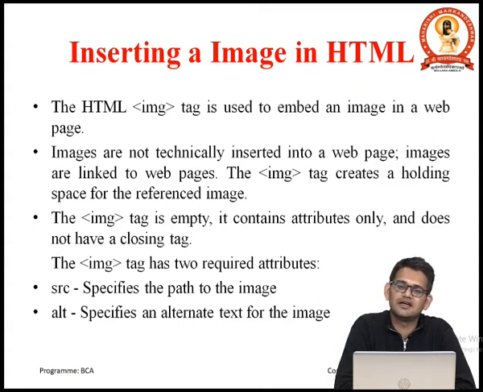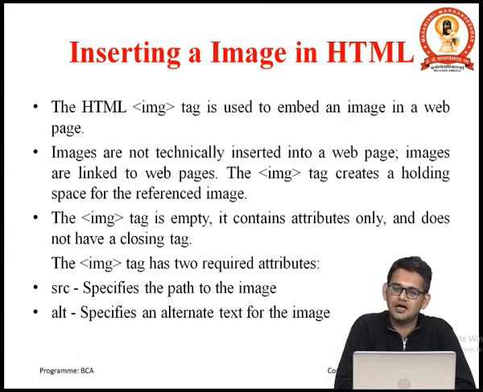So why is ALT actually used? Suppose at any time we load our website, we visit that website, and due to internet connectivity, that image is unable to load. At that time the alternative text comes into existence, and it provides related text for the image. Suppose we have put an image of a rose flower on the website, and due to some network issue or image compatibility issue, that image is unable to load.